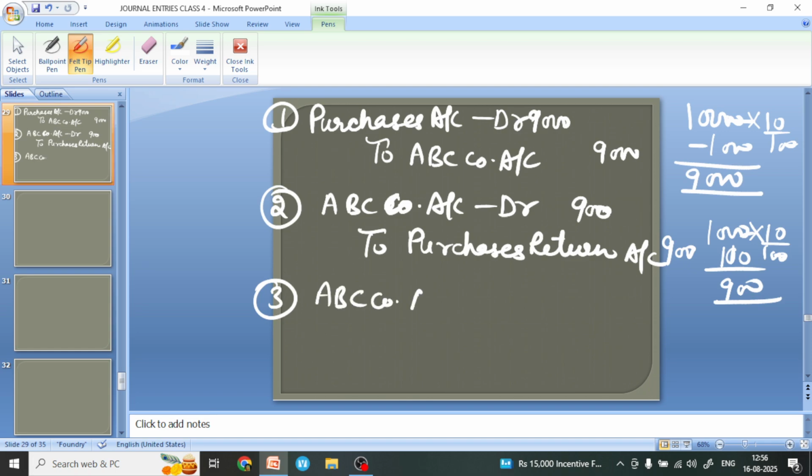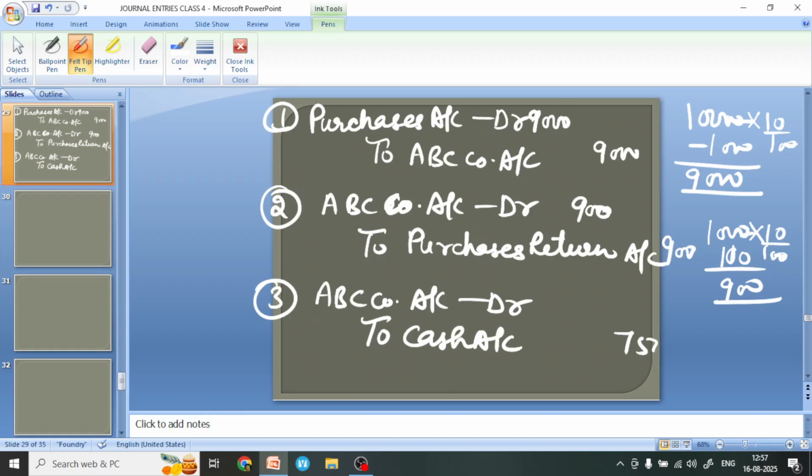ABC company account debit, paid cash to ABC company 7,500. How much discount received by ABC company?